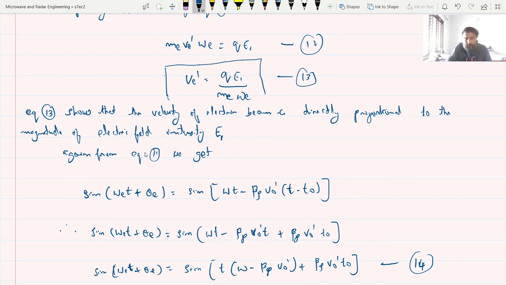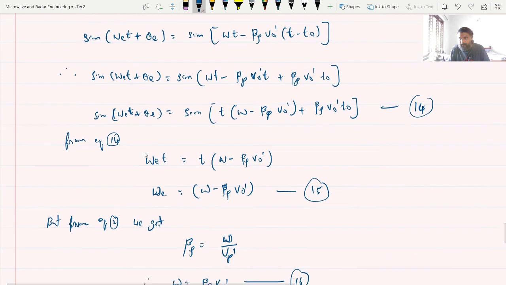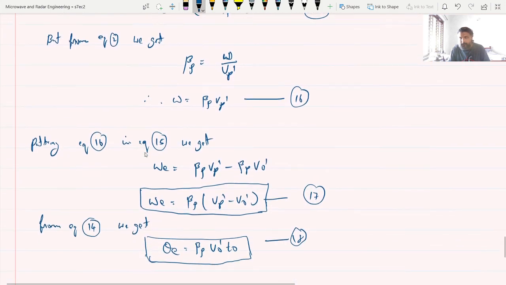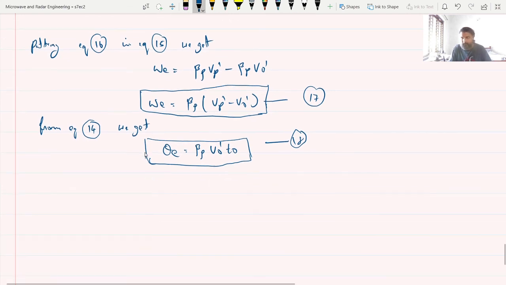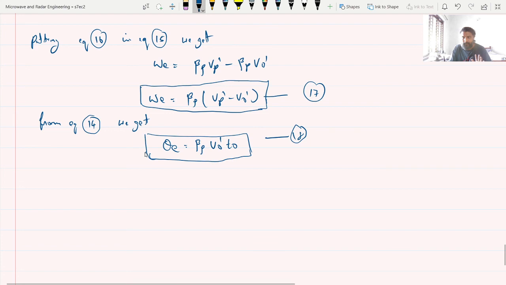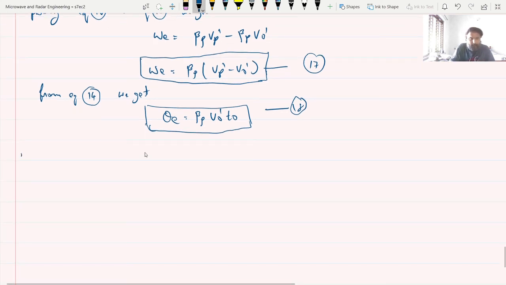Equation 13, equation 17 and equation 18 show that the magnitude of velocity fluctuation of the electron beam is directly proportional to the magnitude of the axial electric field. So you will write a conclusion.